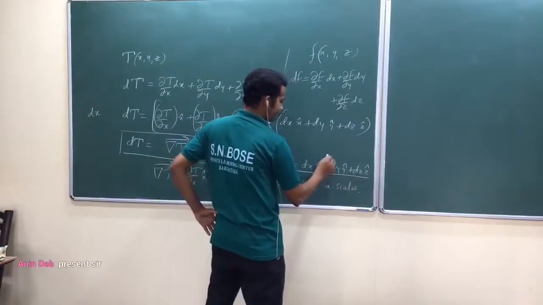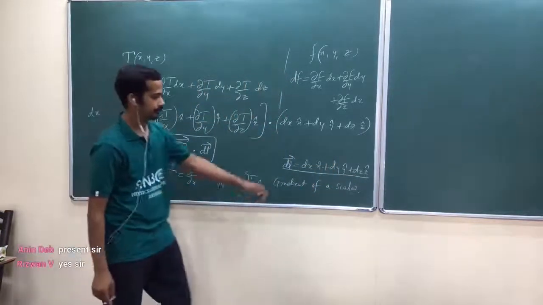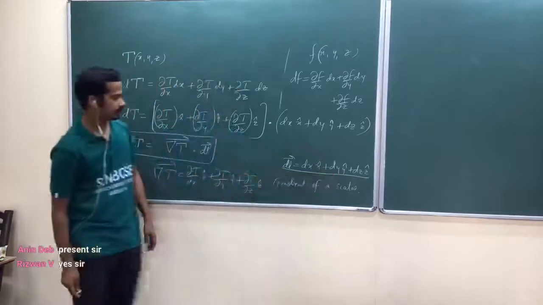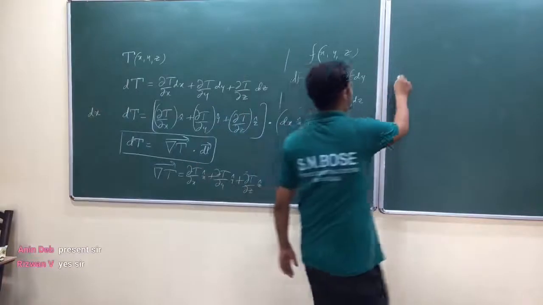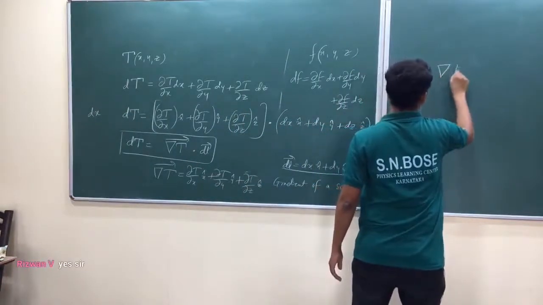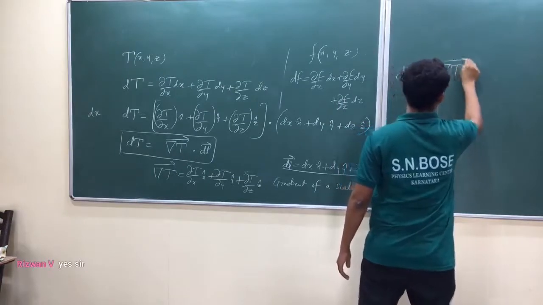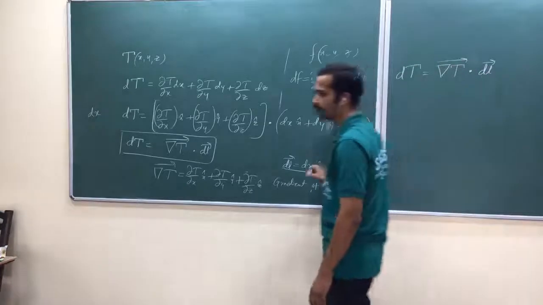Just name this one. What is this one? Infinitely small displacement vector. Write down. This one is the infinitely small displacement vector. So now ultimately the change in temperature, I can write it as the gradient of temperature dot product with the infinitely small displacement vector.